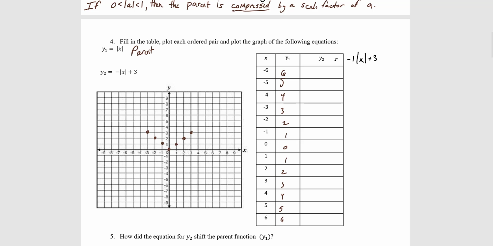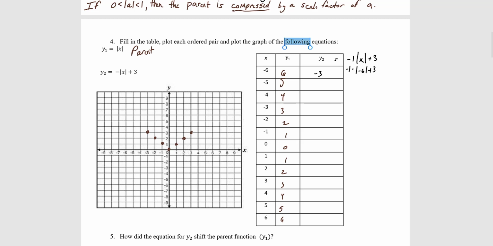So we're doing several things here. We're taking the absolute value of -6, and then we're multiplying that by -1. So the absolute value of -6 is +6, but then we multiply it by -1 and get -6, and then add 3 to get -3.